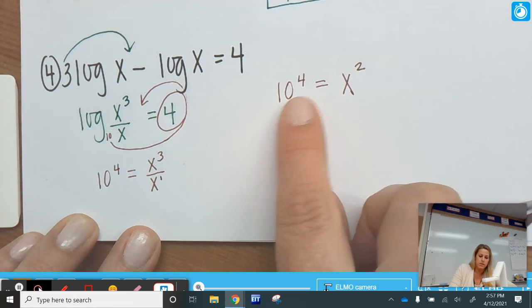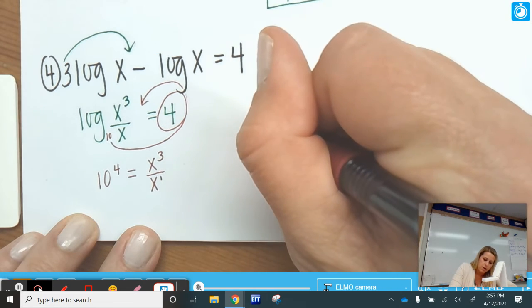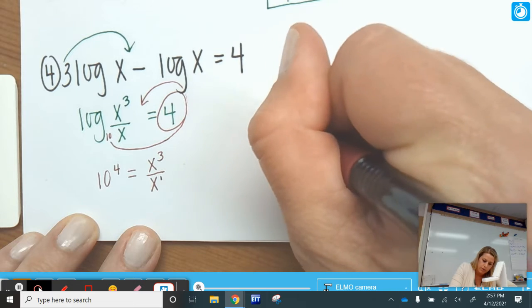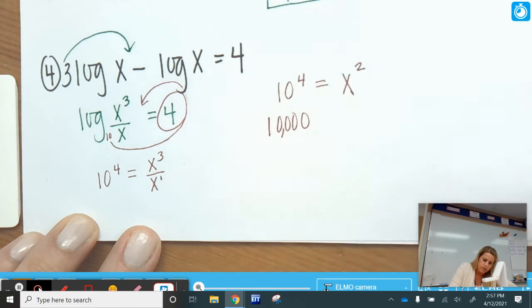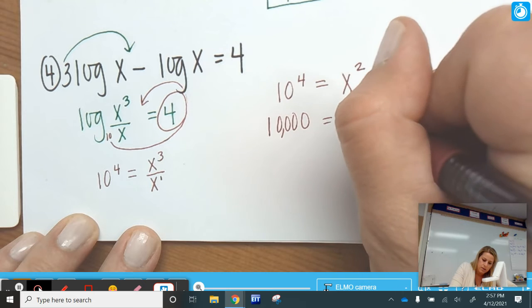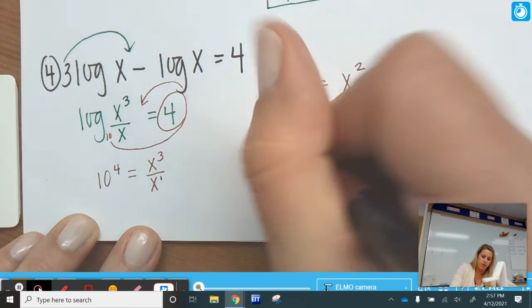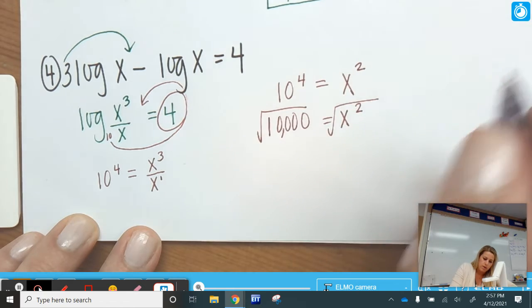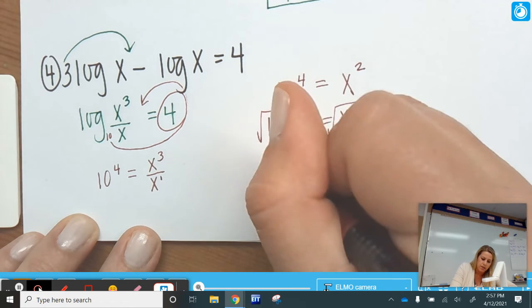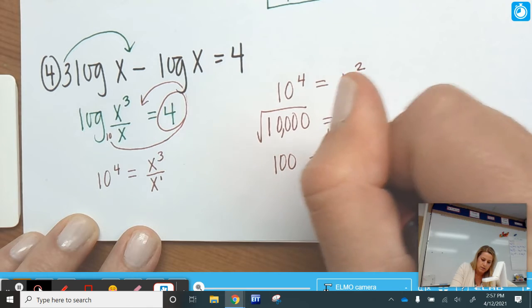All right, so 10 to the fourth is 1, and then 1, 2, 3, 4. So it's 10,000. And then the last thing I want to do is get x by itself. Take the square root, and the square root of 10,000 is 100.